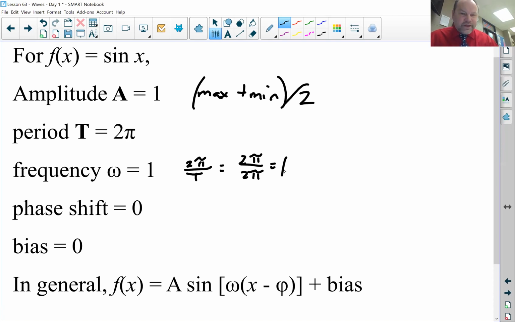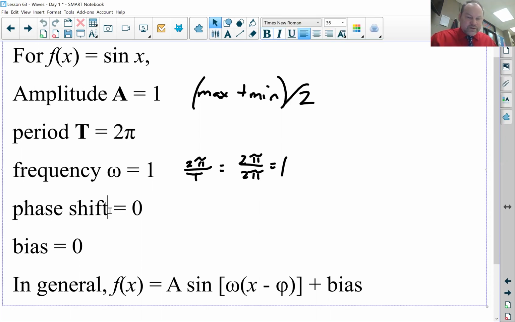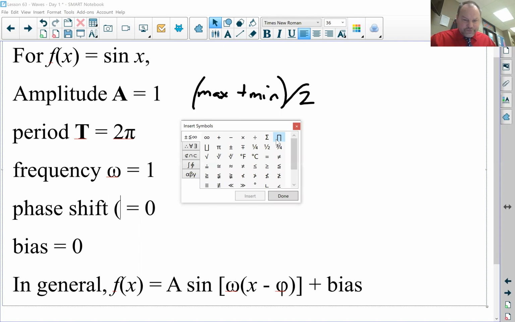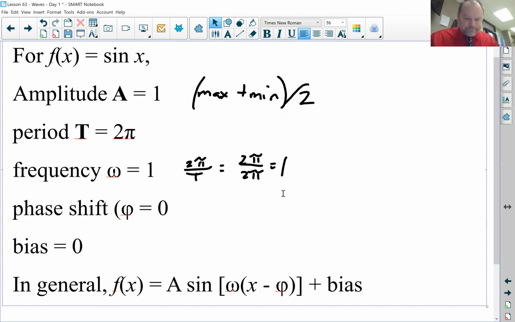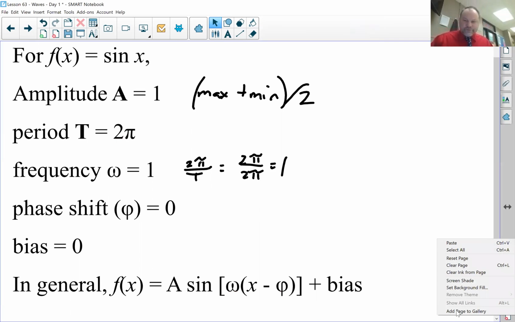And I'm going to add that symbol in here for the phase shift. I'm pretty sure that's the symbol that they use.